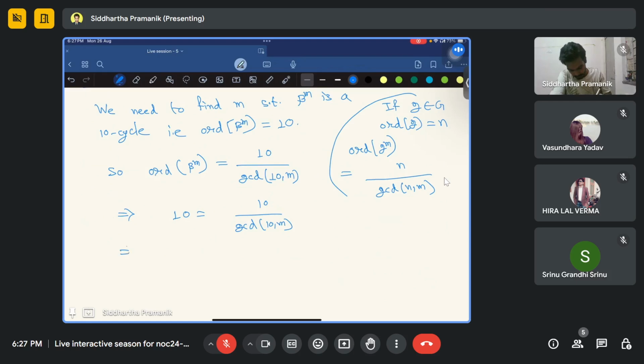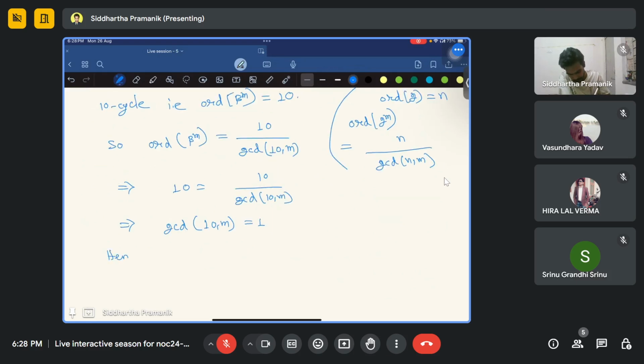So this means GCD of 10 comma m is equal to 1. So what can you say about m? So m is basically an integer which is co-prime to 10.